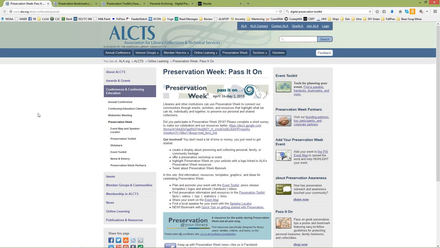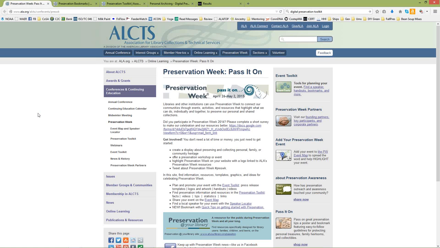So at each midwinter and annual conference, there's the Preservation Administrators Interest Group that meets in person. And then there's digital, there's metadata, there's promoting preservation, smaller interest groups within there. And then, of course, volunteering to be on the Preservation Week committee is a great way to learn not only about Preservation Week, but preservation.